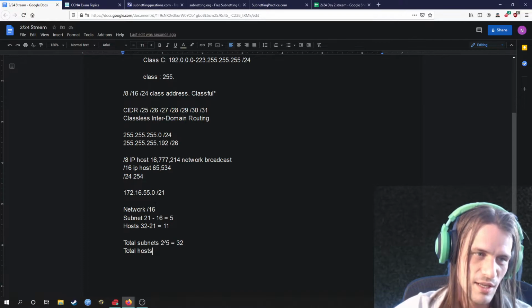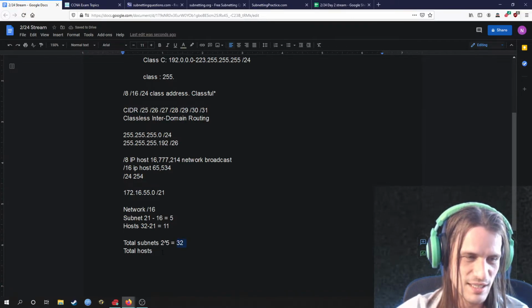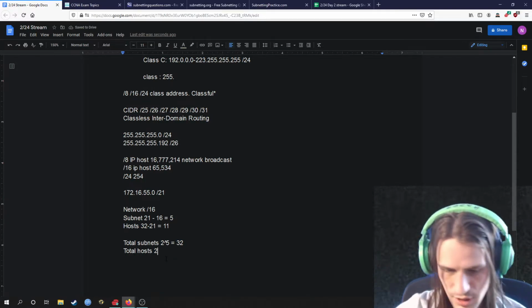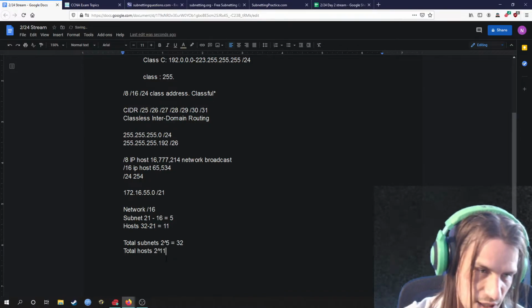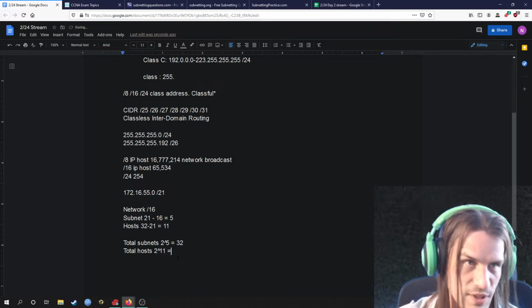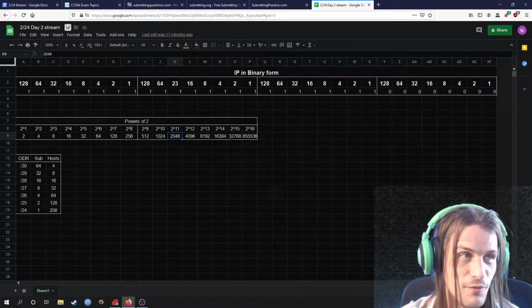So we now have 32 subnets on this. The hosts are going to be 2 to the power of 11. Again, it's 2 to the power of the difference. 2 to the 11 is 2048.